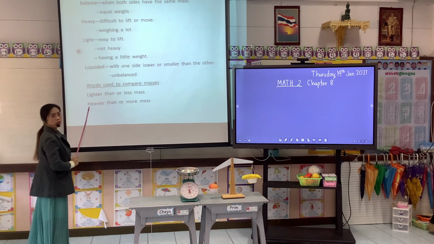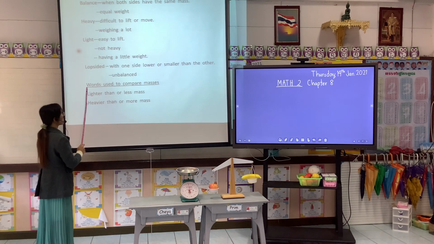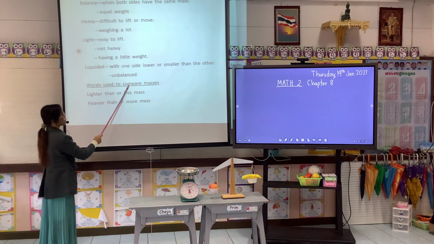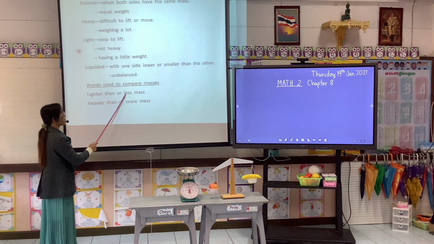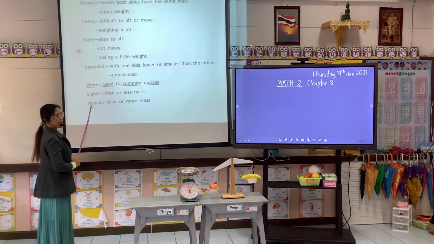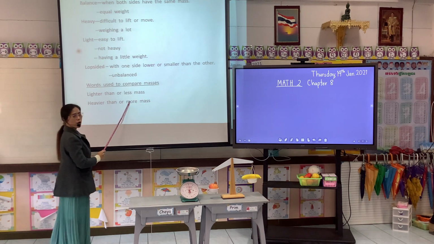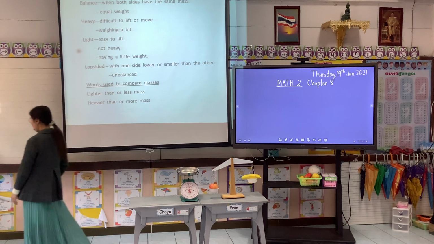And here are also some words that we are going to use to compare masses. Lighter than, or less mass. Heavier than, or more mass.